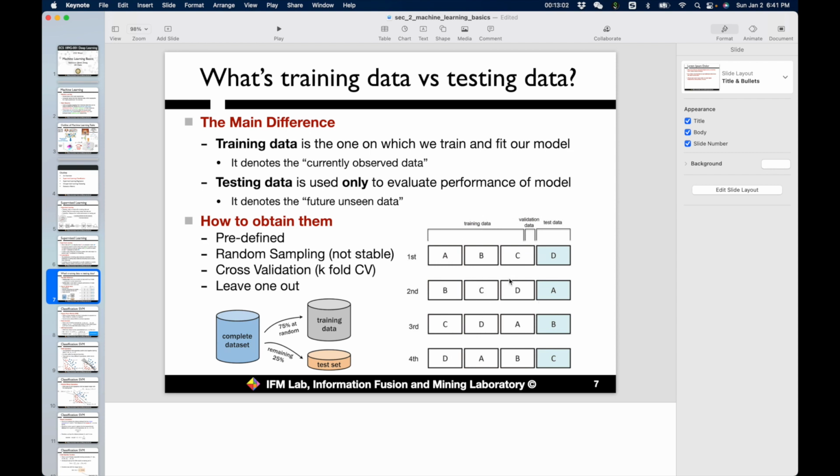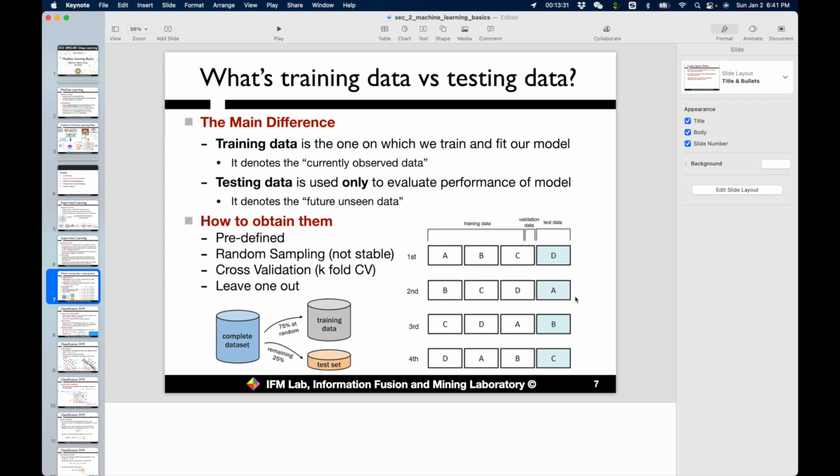The extreme case is that we split the complete data set into n portions, each portion containing one single data instance, and we have to run the process with n rounds. It will be extremely time consuming. This is also called leave-one-out partition of the data set into training and testing.